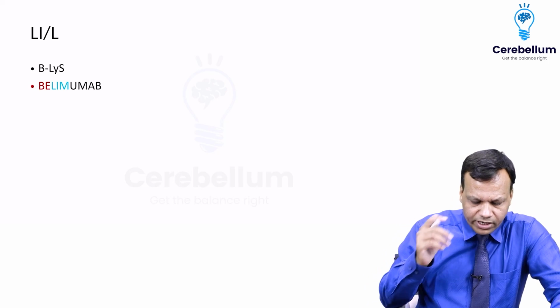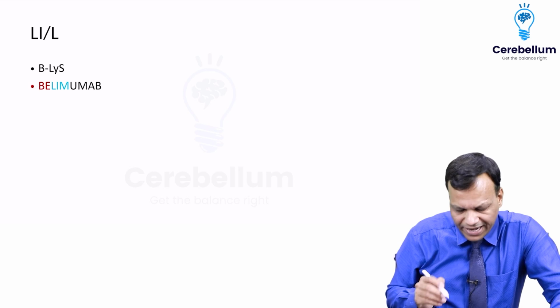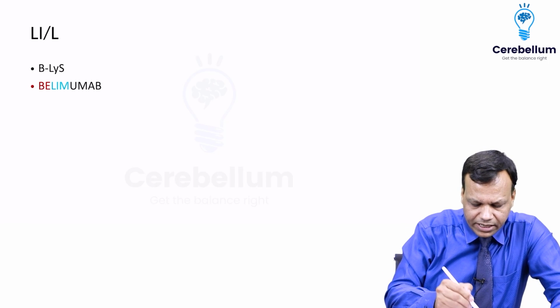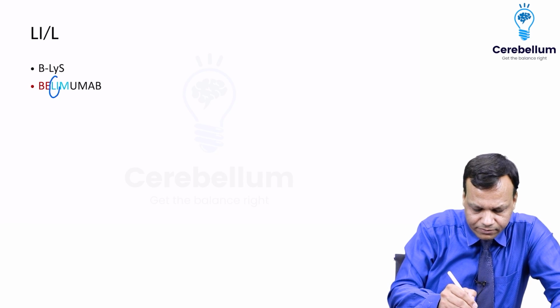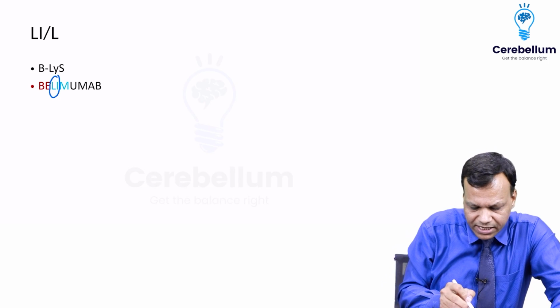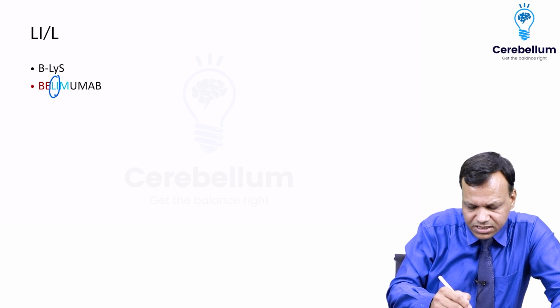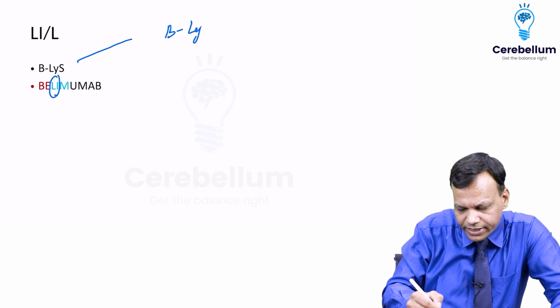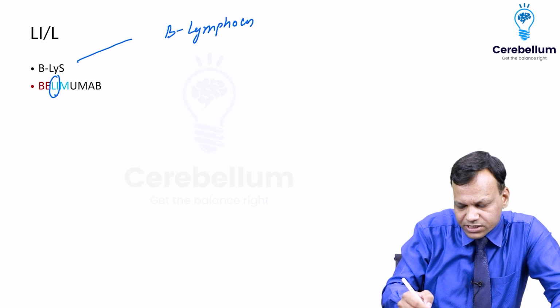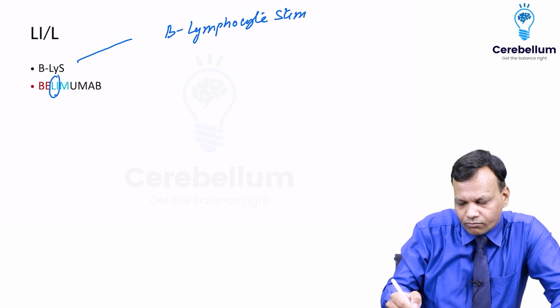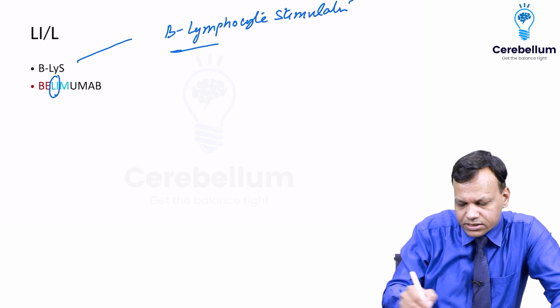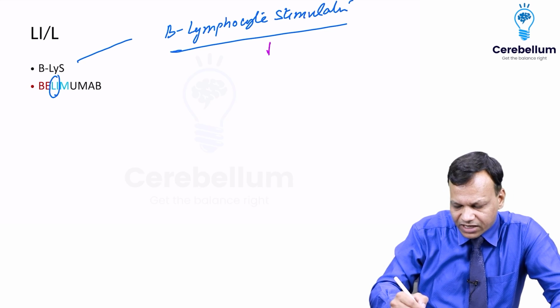Then next is monoclonal antibody, which is belimumab. It again contains Li. So belimumab is against BLyS. BLyS is B lymphocyte stimulator. It is a compound which is overactive in SLE.